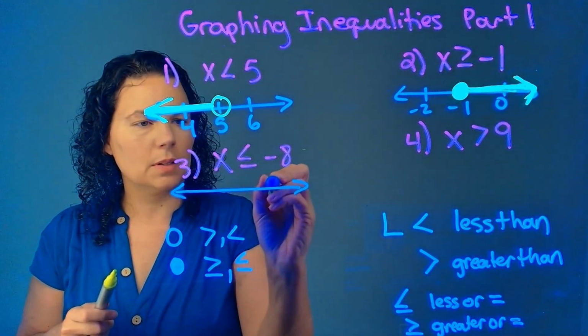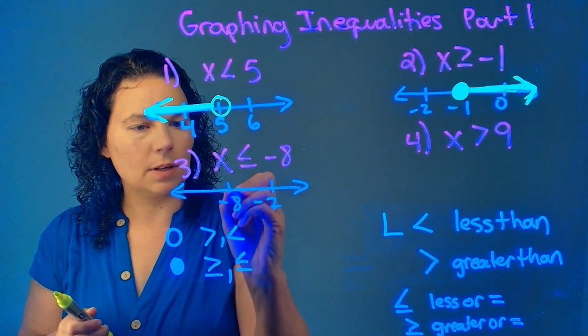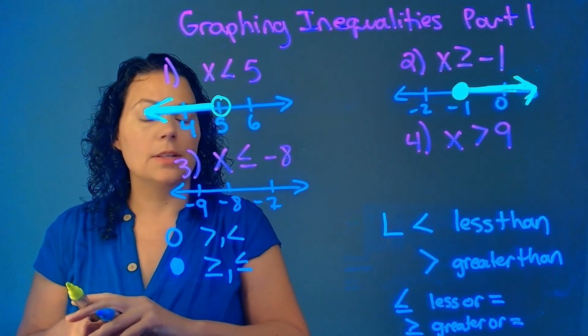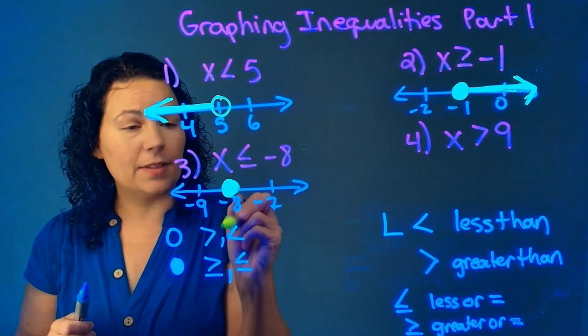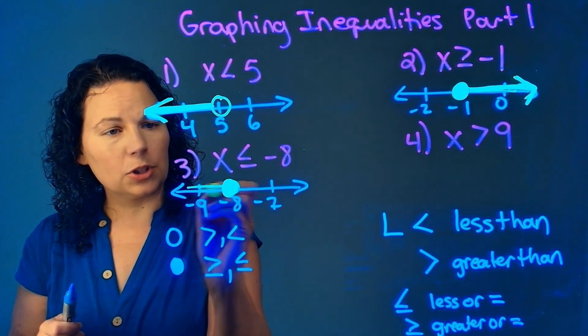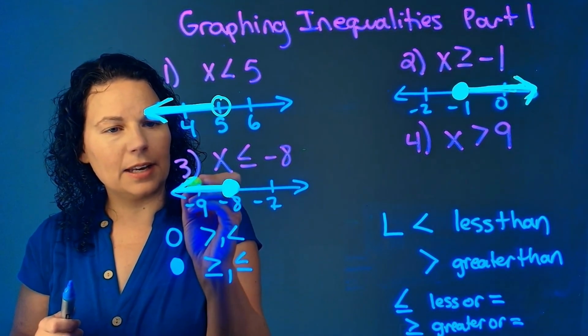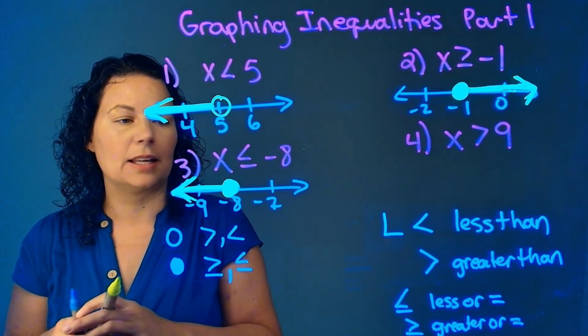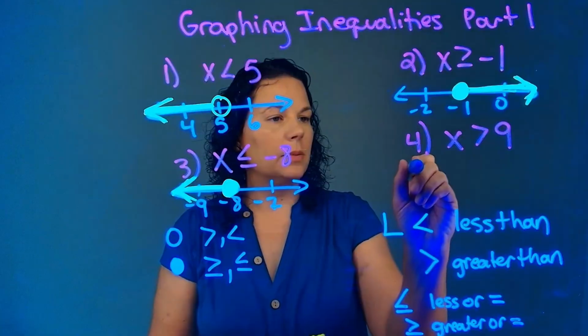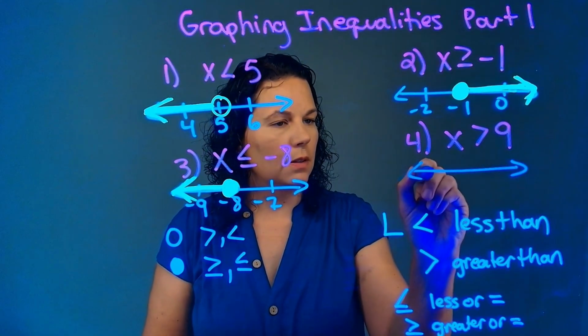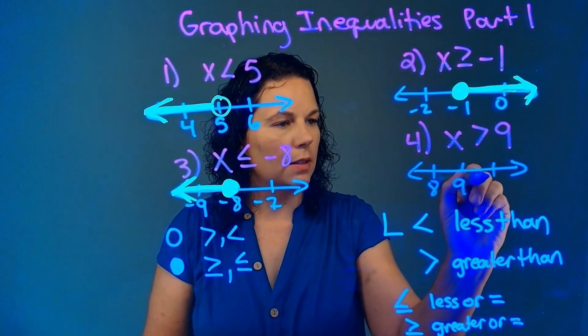Let's look at this one. -7, -8, -9. This is going to get a filled in closed circle. And then less than, we shade the -9. -9 is less than -8, not -7. And then the last one. 8, 9, 10.